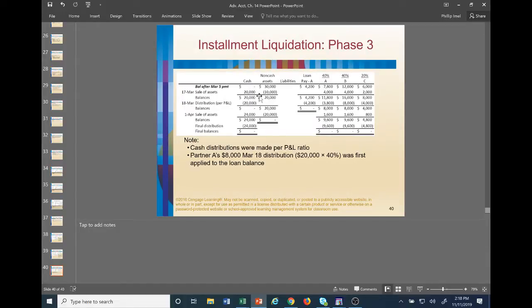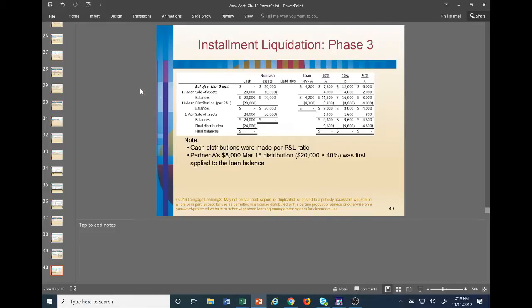So we had a $10,000 gain here. So obviously this is going to be allocated amongst the partners based upon their profit and loss percentages once again. Then the balances of cash, now we have $20,000 again, and we still have $20,000 of non-cash assets on the books. And we can see the relative capital and loan balances of the partners as well.